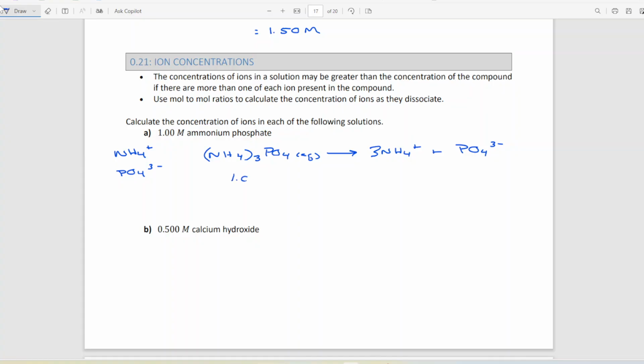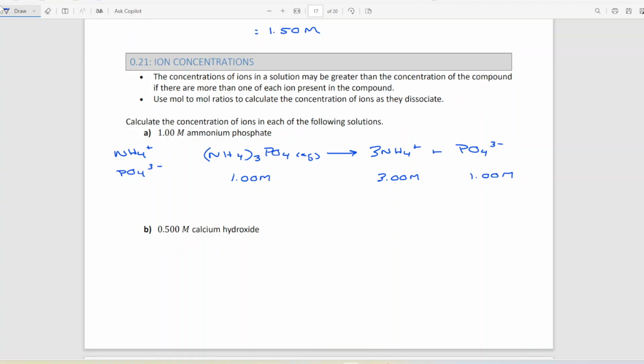So the concentration of the ammonium phosphate is 1.00, and then we're going to use our mole to mole ratios to figure out what would be the concentration of the ammonium ions and what would be the concentration of the phosphate ions. And so because it's in a 1:3:1 ratio, then the molarity would also be 1:3:1. So I would say that there is a concentration of 3.00 molar ammonium and only 1.00 molar phosphate ions.